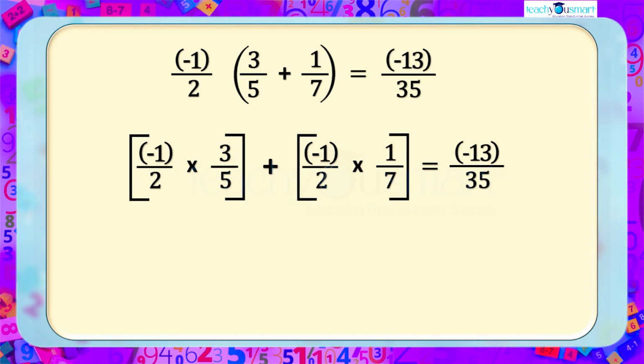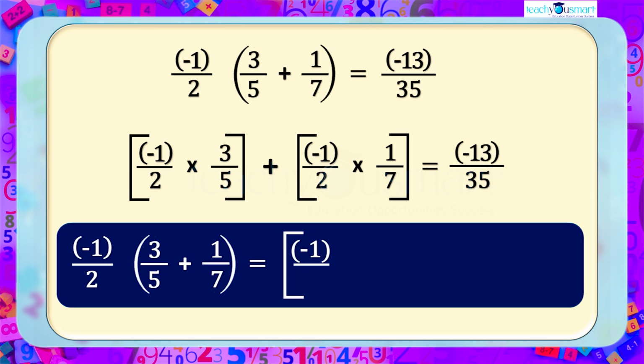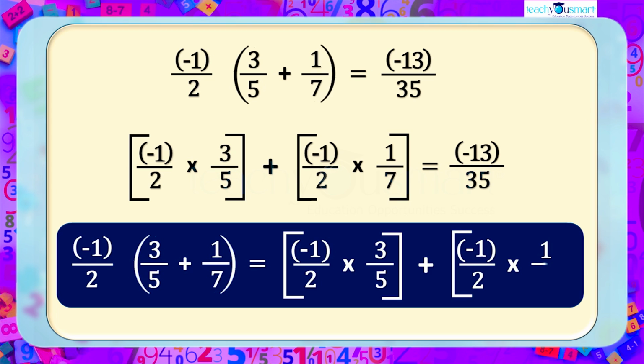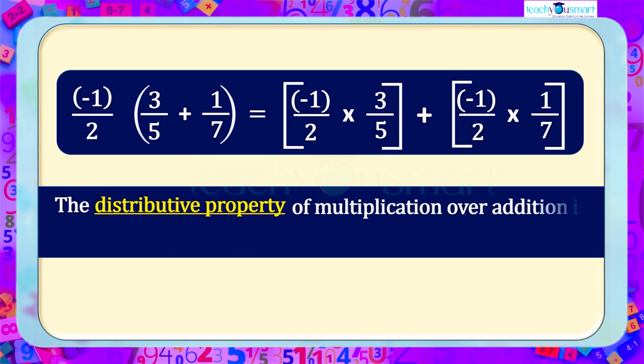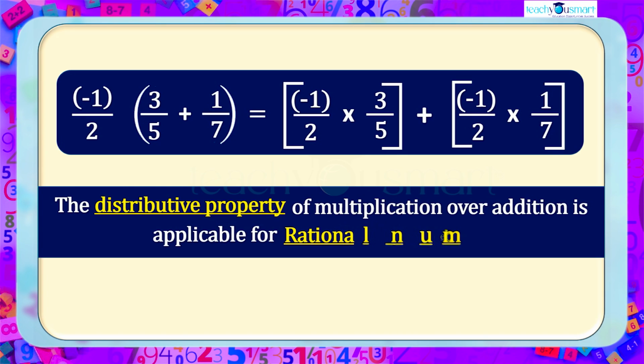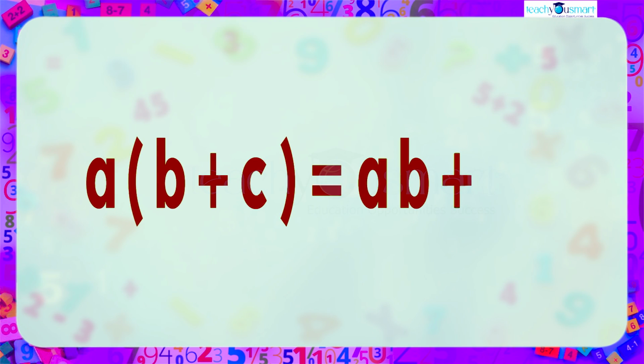So from this, we can say that -1/2 × (3/5 + 1/7) = -1/2 × 3/5 + (-1/2) × 1/7. Hence, we can say the distributive property of multiplication over addition is applicable for rational numbers. That is, a × (b + c) = ab + ac.